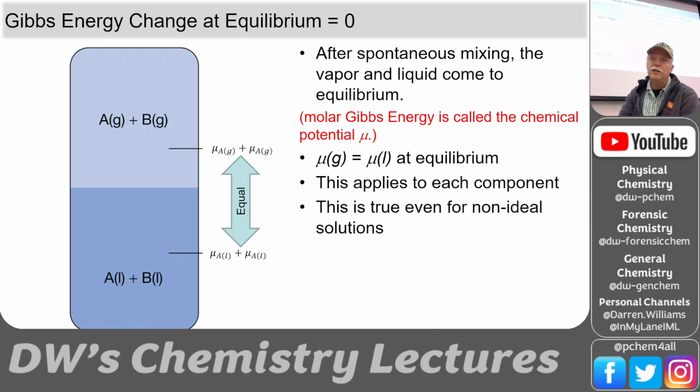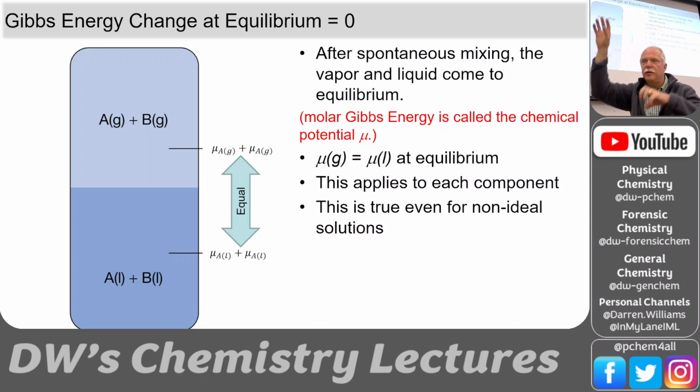Just like potential energy, a ball on a hill has a lot of potential energy. It could roll down with lots of momentum and so on and do things. Same with chemical potential. If we have Gibbs energy, we can analyze that and see what kind of reactions are possible. So when we're at equilibrium, the delta G going from any spot to any other spot in that container or system is going to be zero.